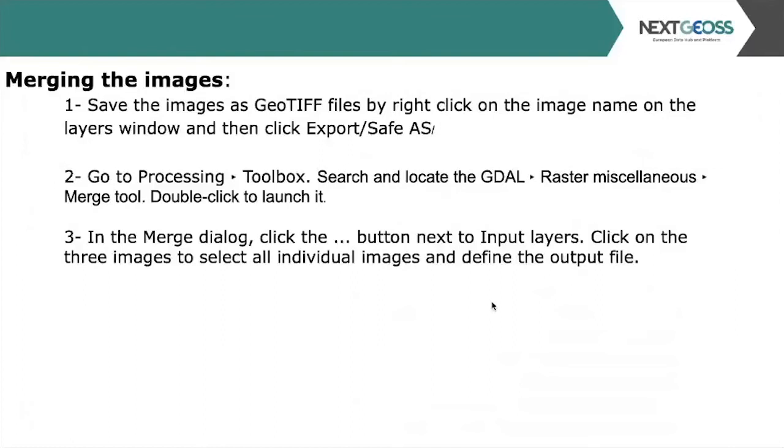I will search and locate the GDAL raster, and then I will go to the merge tool. Then I will double click on that, and I will get a window where I can define all the specific parameters that I would like to define. The type of data, where the file should be saved, and what kind of format. Here we have done that in TIFF. And now you can see we get only one file.